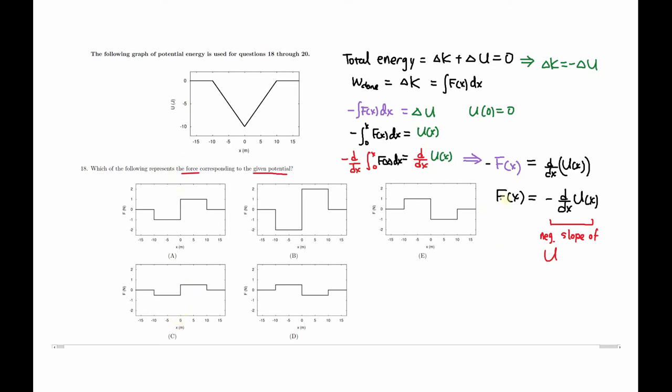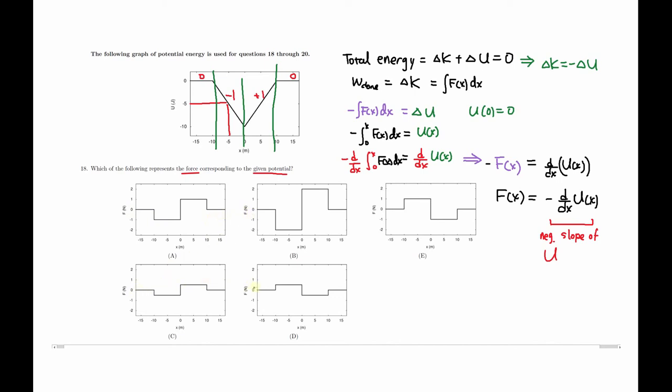So now that we know the relationship between these, we have slope of 0, slope of -1, slope of +1, and slope of 0. Looking at our choices, from -15 to -10, we are observing 0 force.